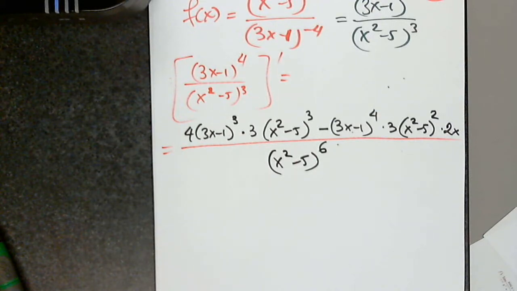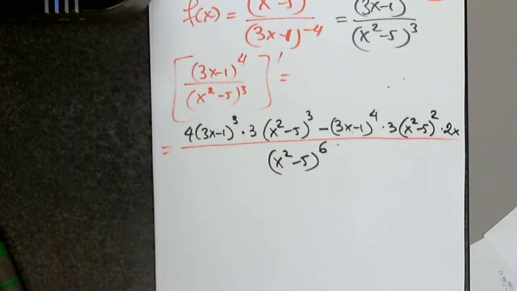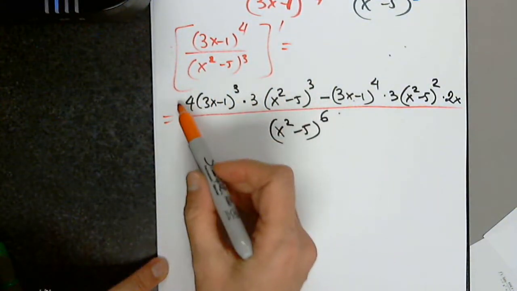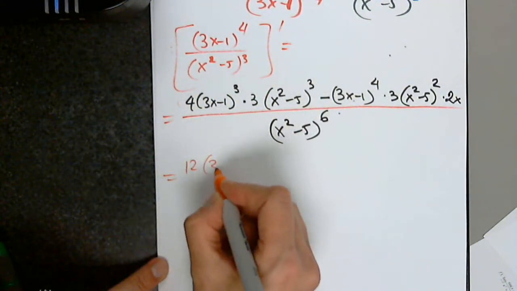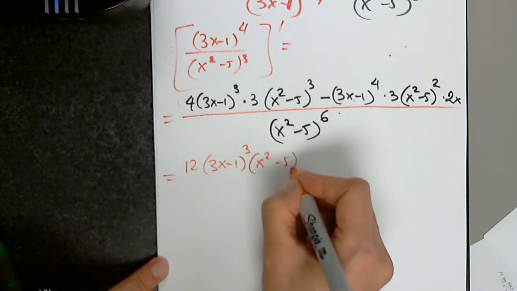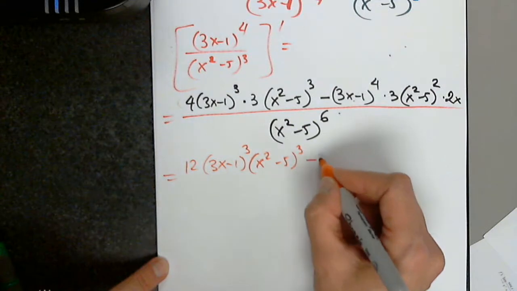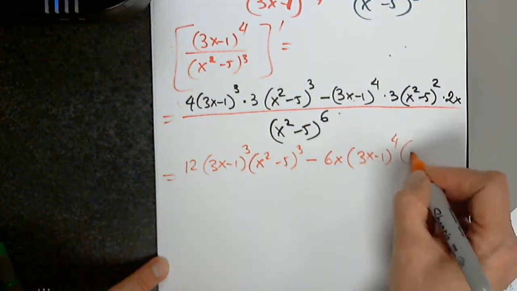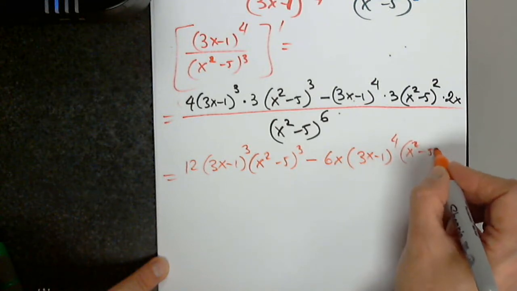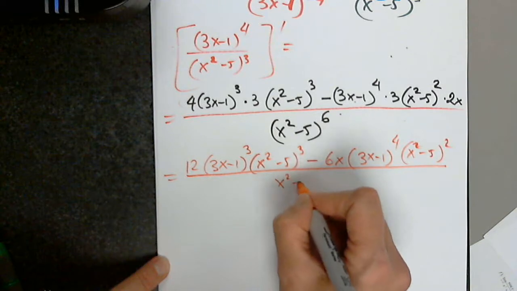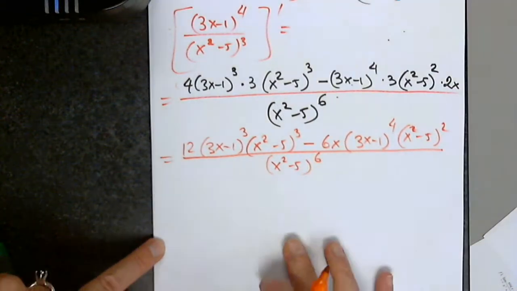Now, there's a lot of work to do next. I will simplify a little bit by rearranging this into 12, 3x minus 1 to the third, x squared minus 5 to the third, minus 6x, 3x minus 1 to the fourth, x squared minus 5 squared, everything over x squared minus 5 to the 6th.